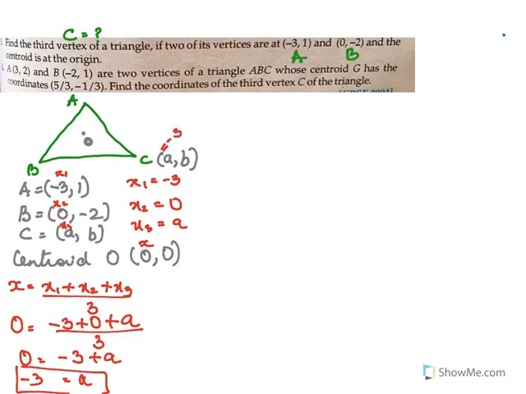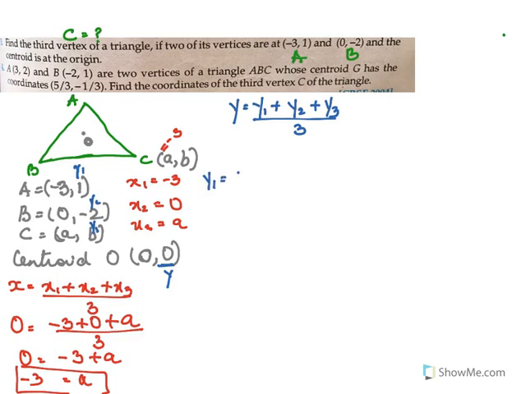Now let's go for the y. We know the formula of y is y1 plus y2 plus y3 over 3. Now who is the y here? This is the y coordinate of the centroid. Then this is y1, this is y2, this is y3.